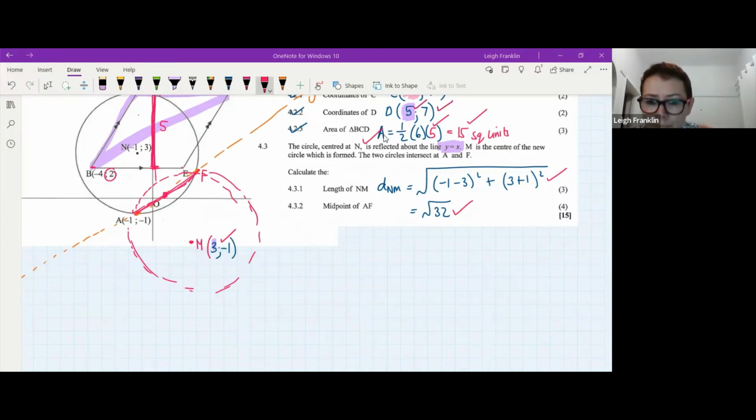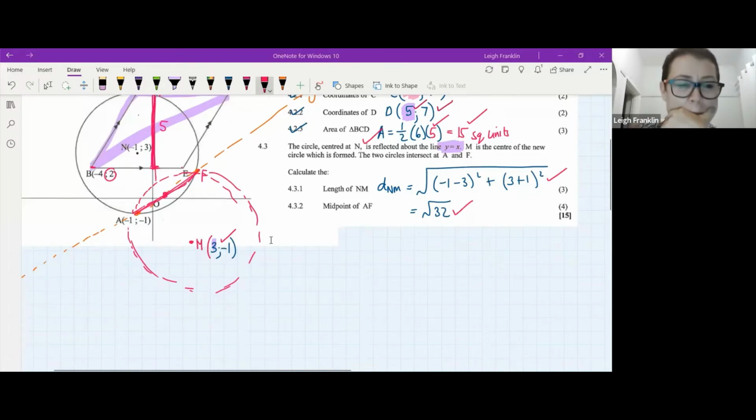Ma'am, can't we calculate the gradients of AM and assume that the gradients of M and F will be equal to A and M, and then find the equation from there to find the coordinates of F? I'm not 100% sure how. Just say that again.